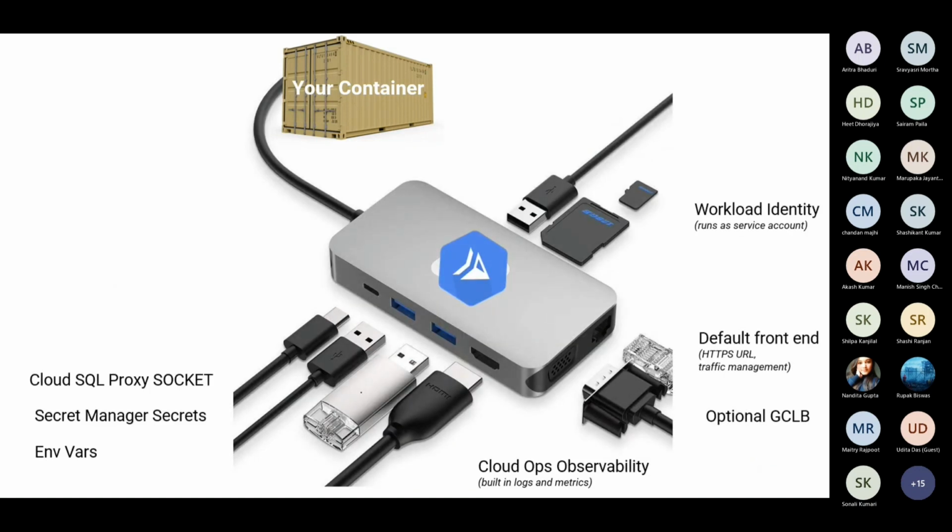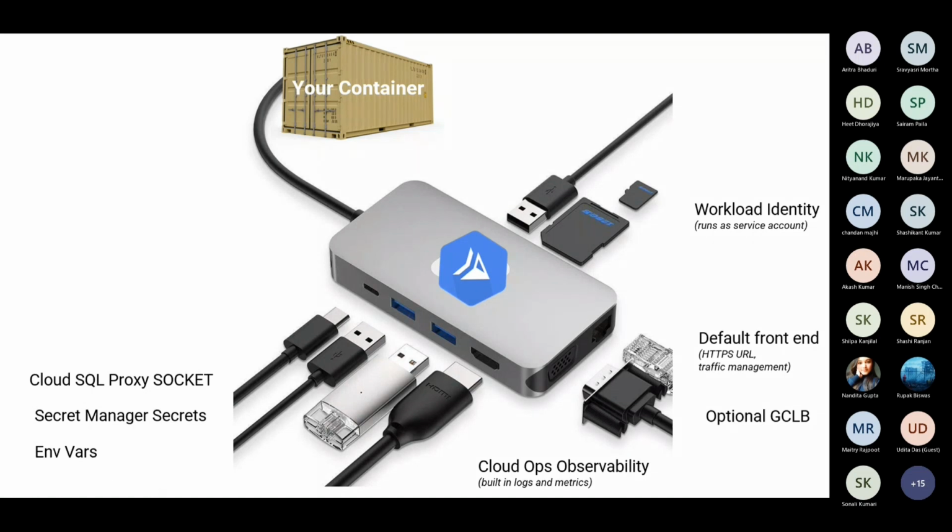So this is what happens with your container in Cloud Run. You give your container and Cloud Run provides you a Cloud SQL proxy socket, Secret Manager for managing your secrets, environment variables, workload identity or security, cloud observability, a default front end, and that gives an HTTPS connection also.